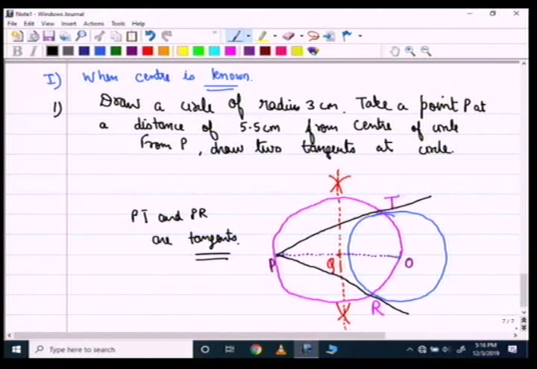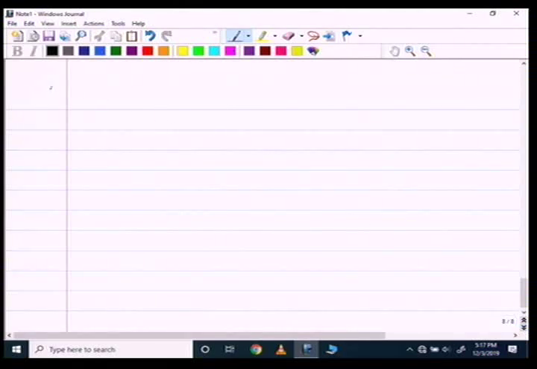Okay, so let's do another type of question where again we have to use the center.